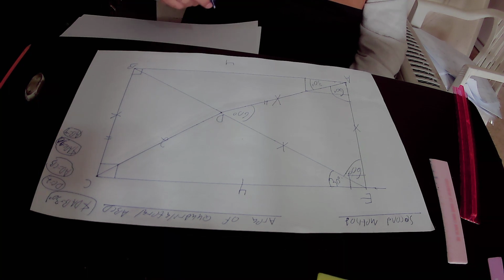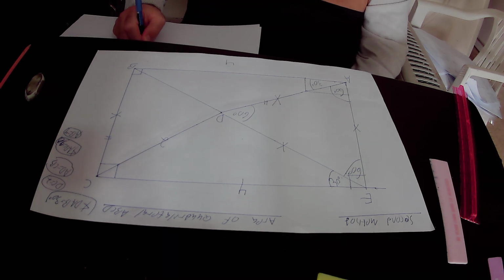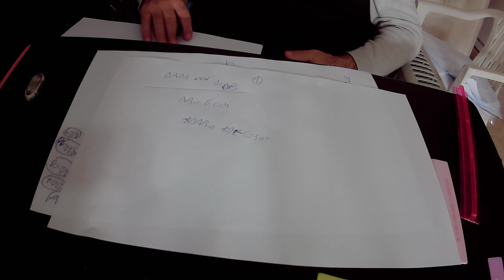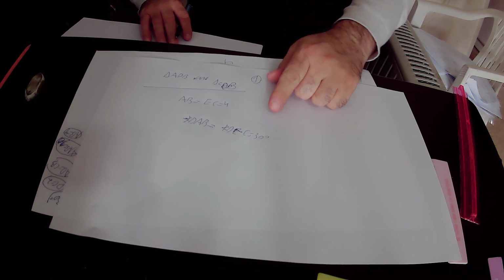Both those two angles are equal to 40 degrees. So I'll repeat again: angle BAD equals angle DEC equals 40 degrees.